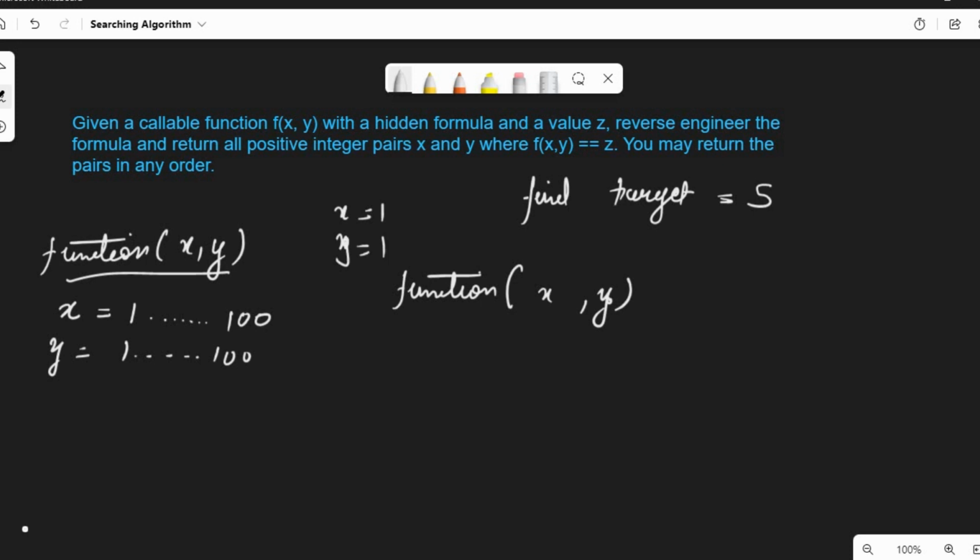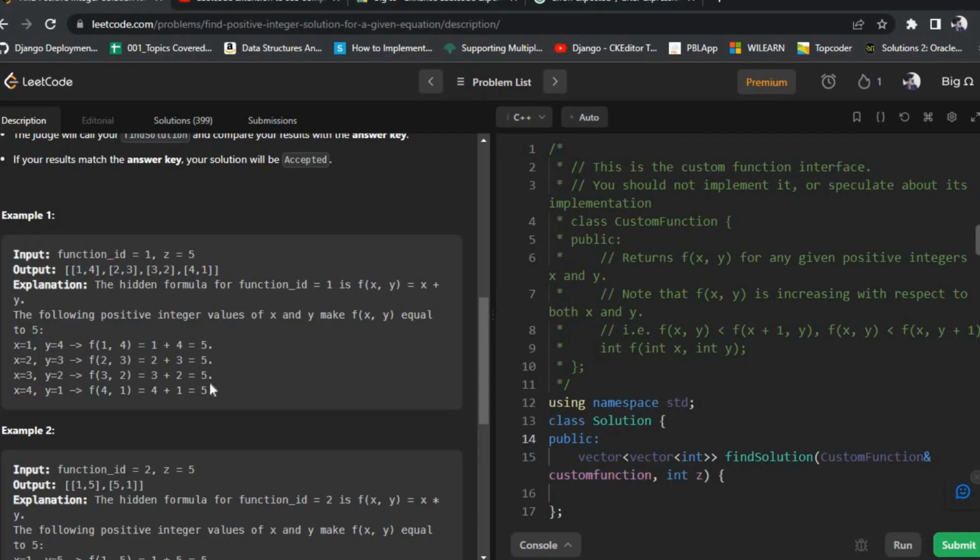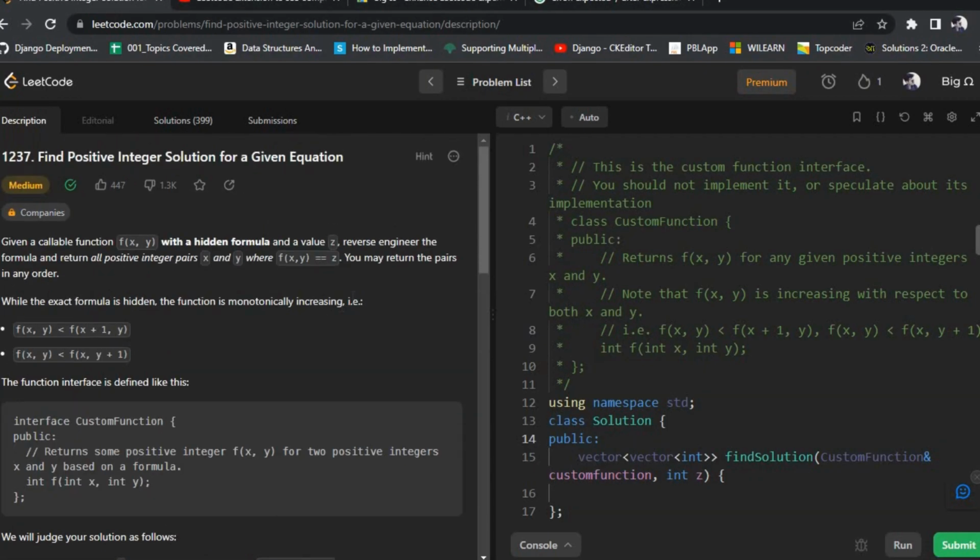Let's say the function will give the sum of two numbers, but that is not the case, because the rule of the function is unknown.